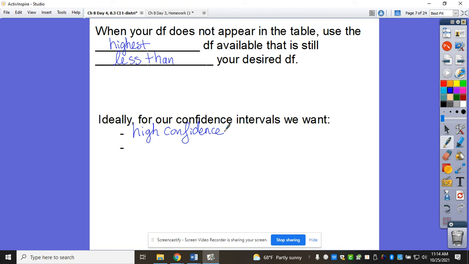Because we don't want to give them a number that spans from 10 degrees to 100 degrees. But then didn't we say our margin of error? Right. That's why I said don't think of them together. Because as your confidence level increases, your margin of error is also going to increase. So you can't do them together. Ideally, in each scenario, we're looking for something with high confidence and low margin of error, but we're going to make adjustments.